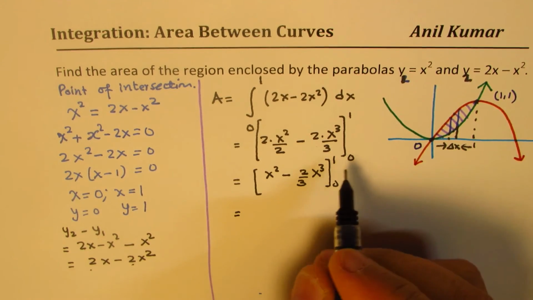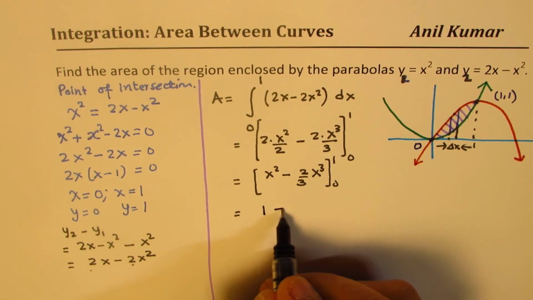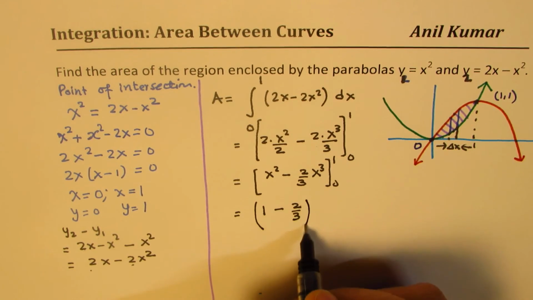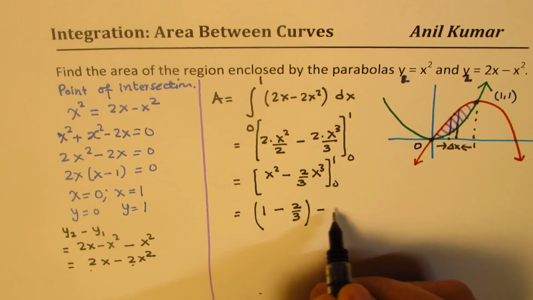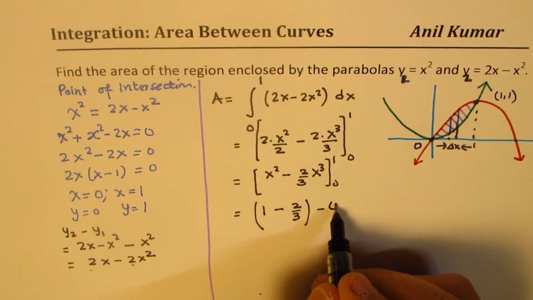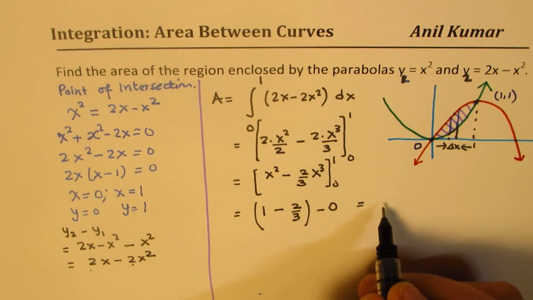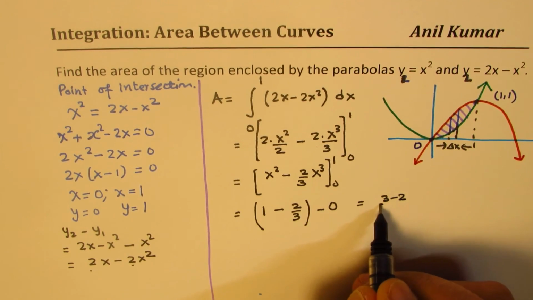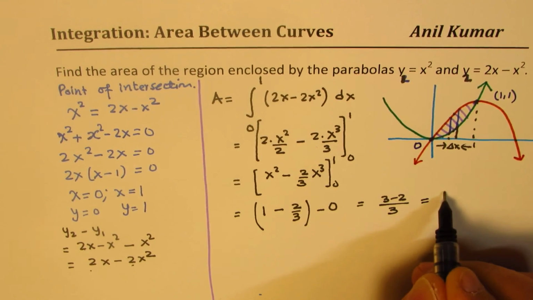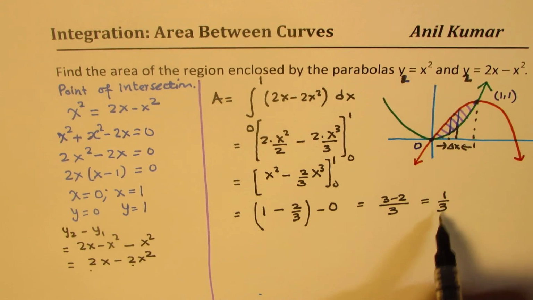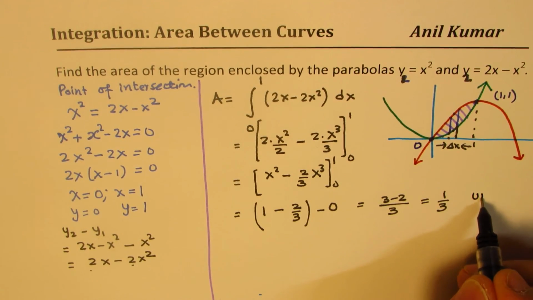Right? So this is 1 minus 2 over 3, minus, when you put 0, you get 0. So that gives you (3 minus 2) over 3, which is 1 over 3. So the area between these curves is 1 over 3 unit square.